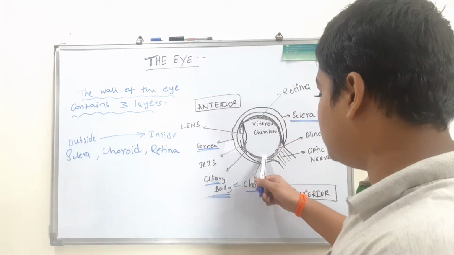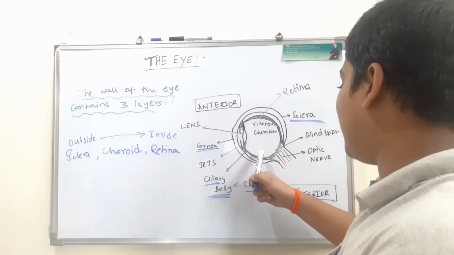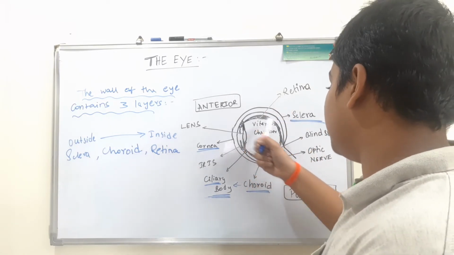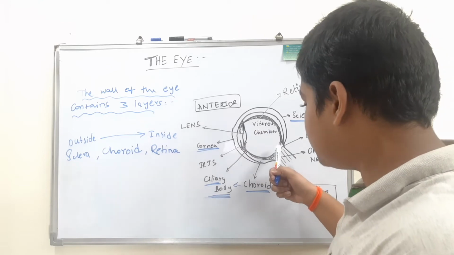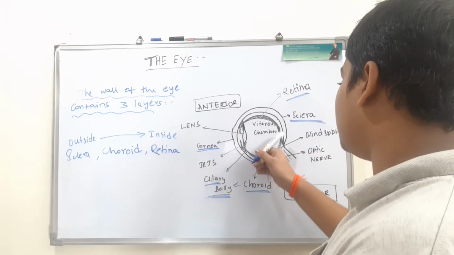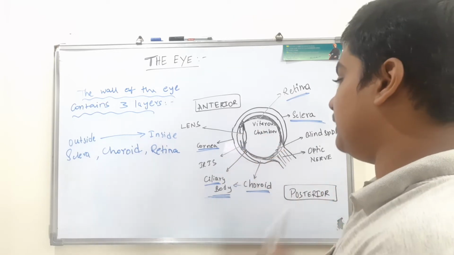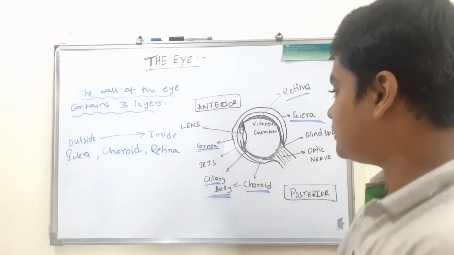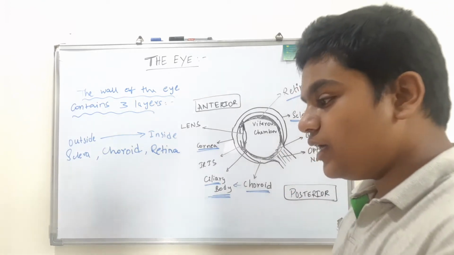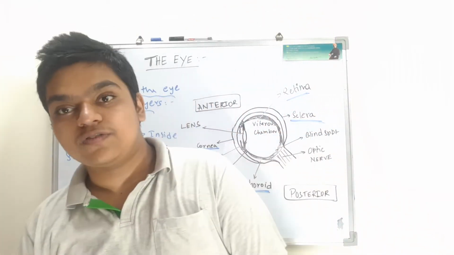See this dark colored portion which I have highlighted with the black marker, this is your retina. Where I have written it, retina here. This retina helps in the formation of image.